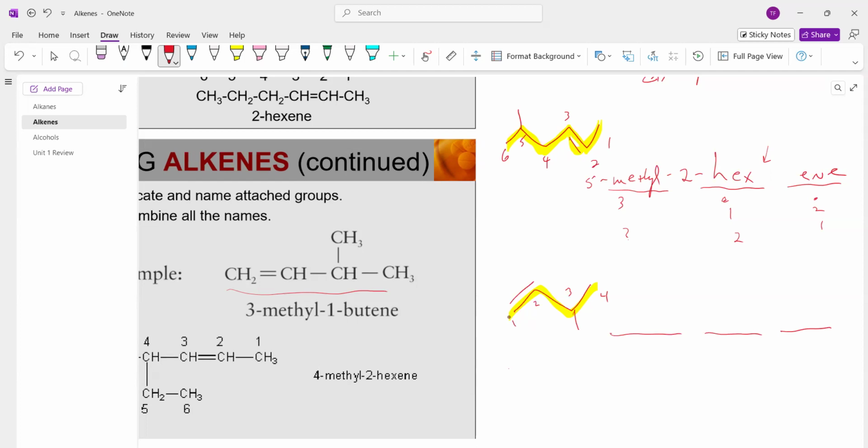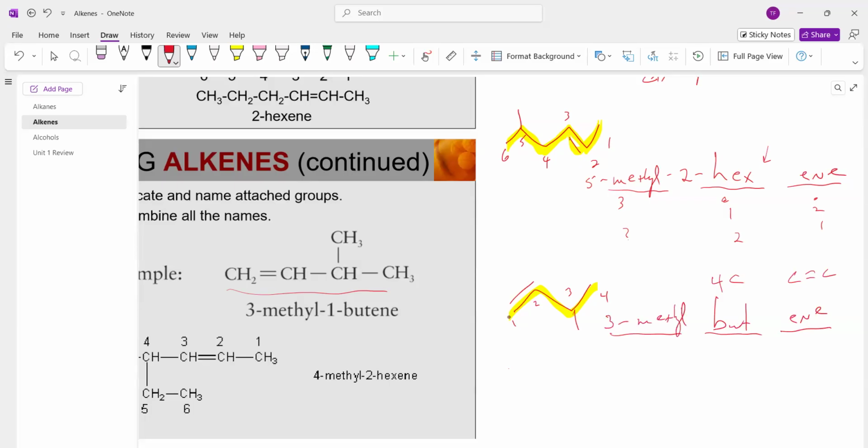Branch on carbon number 3, and it's a methyl. So it's going to be a butene, 4 carbons and a double bond, and a methyl group on carbon number 3.